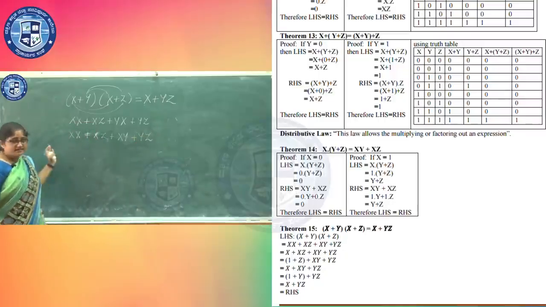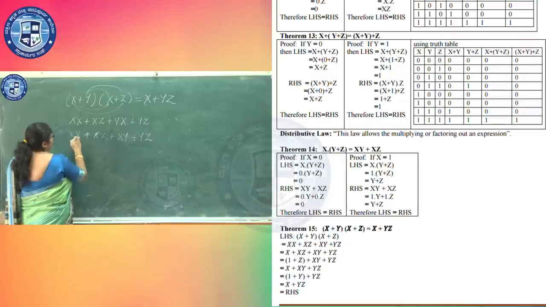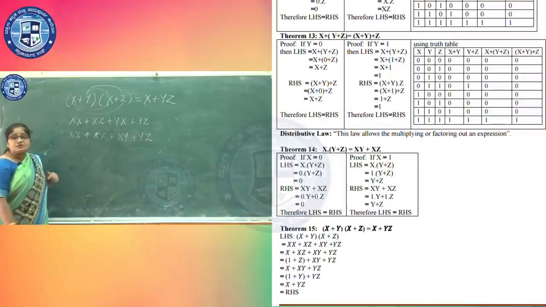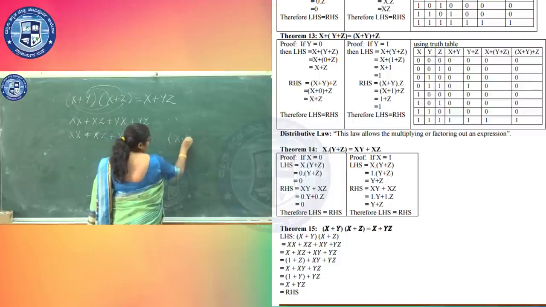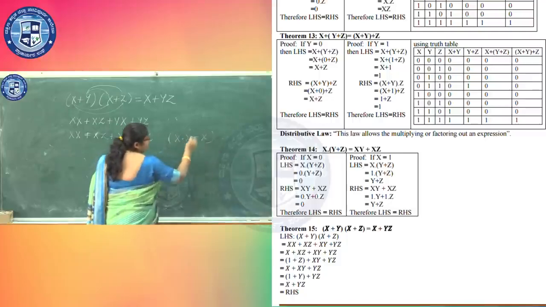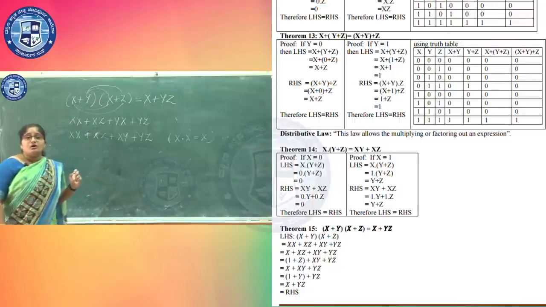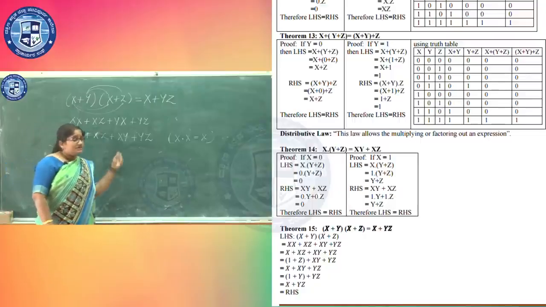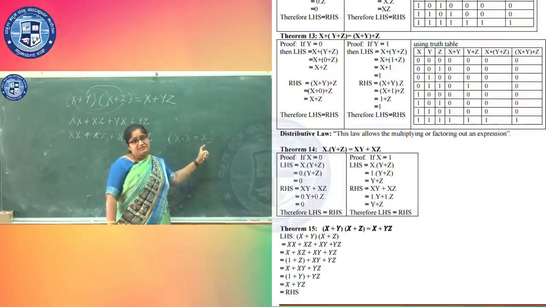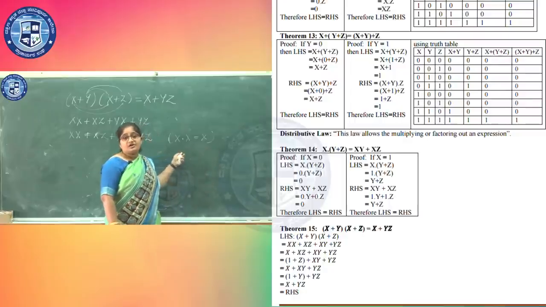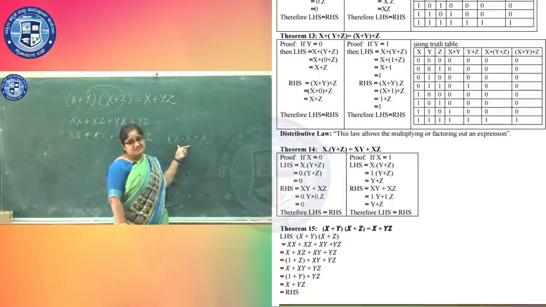I have rearranged it. Now I know x into x. From a property we know that x into x is equal to x. When you AND a variable with itself, then the resultant will be the variable itself. This we have already proved in the previous theorems.